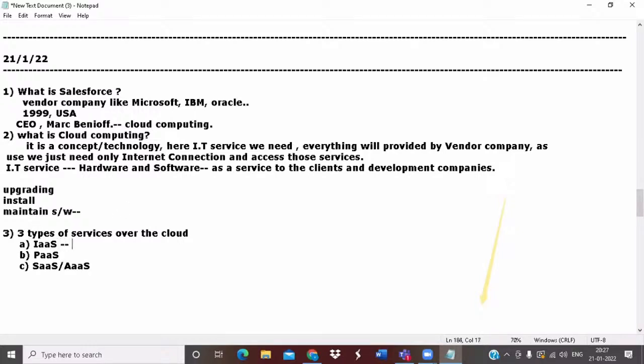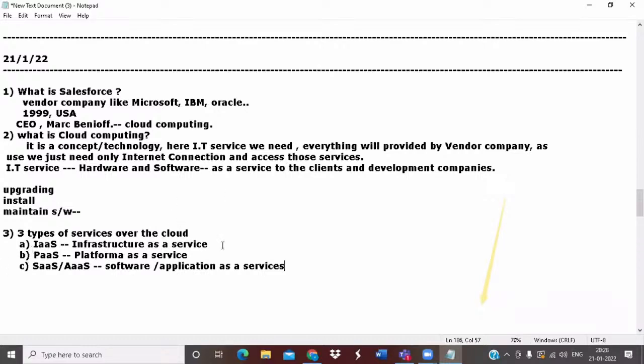IAAS stands for infrastructure as a service. PAAS stands for platform as a service. And SAAS stands for software or application as a service. So these are the 3 different services provided by a vendor company over the cloud.